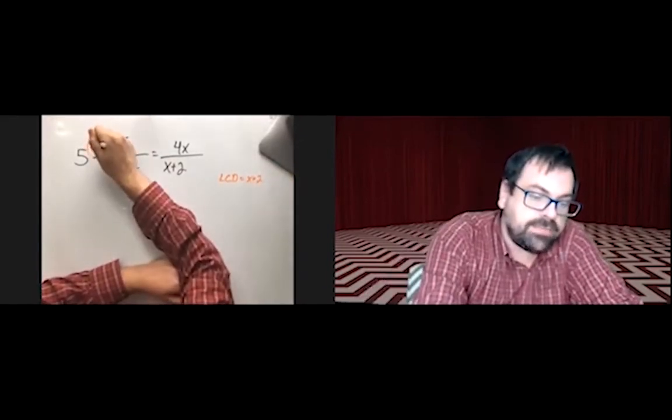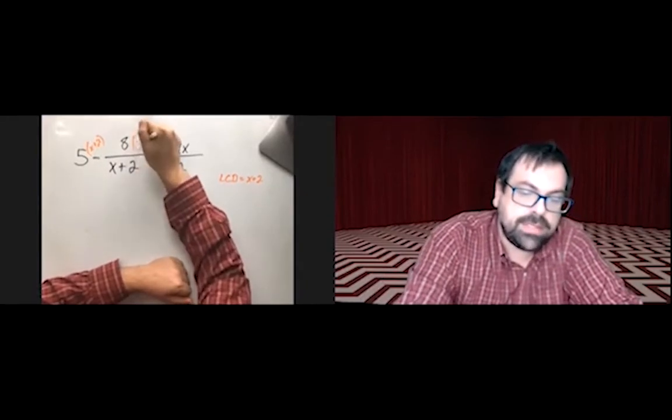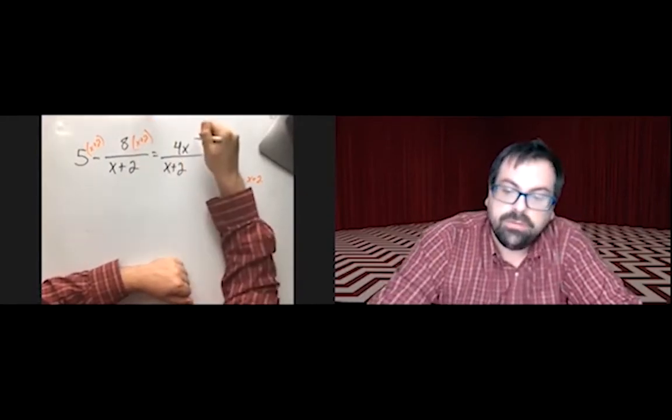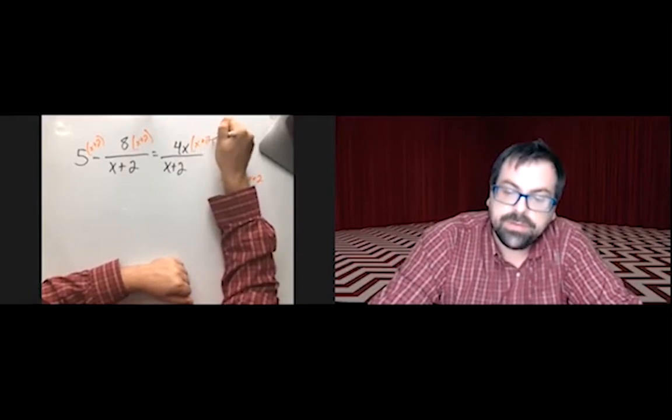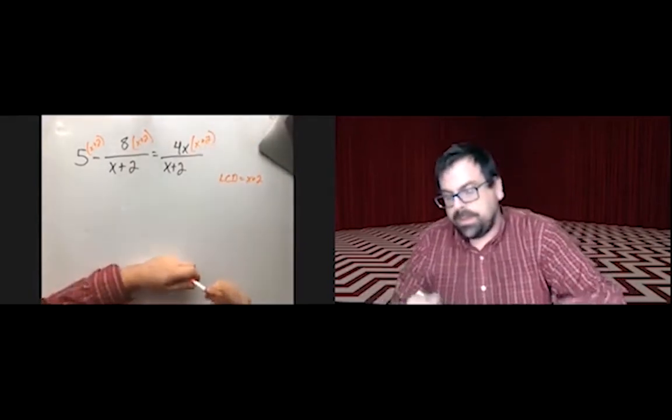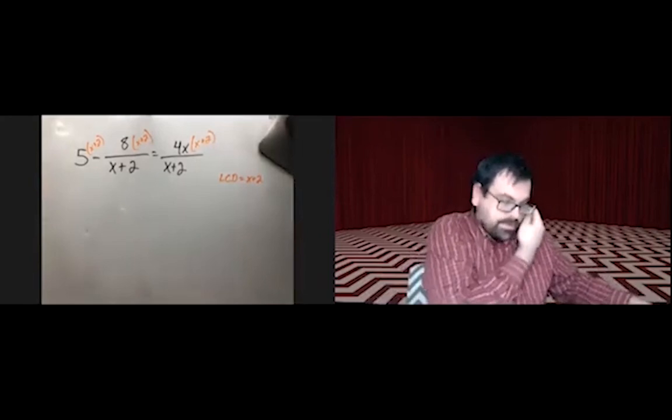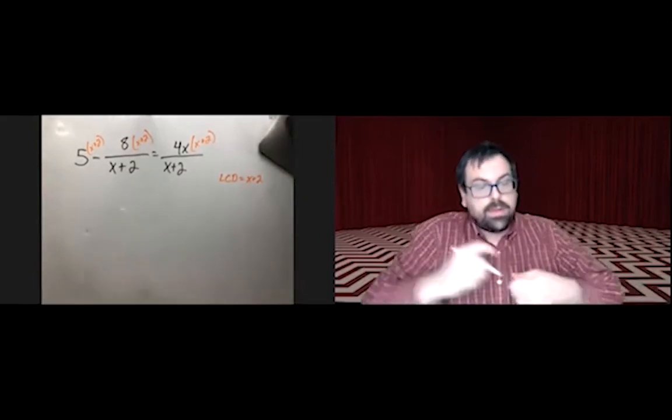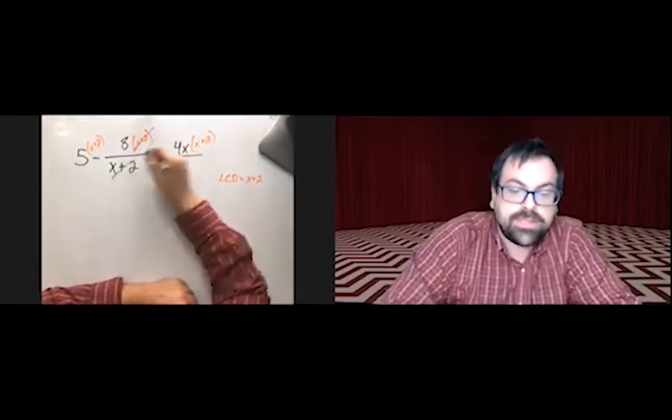So 5 times x plus 2, 8 times x plus 2, 4x times x plus 2. The x plus 2's cancel.